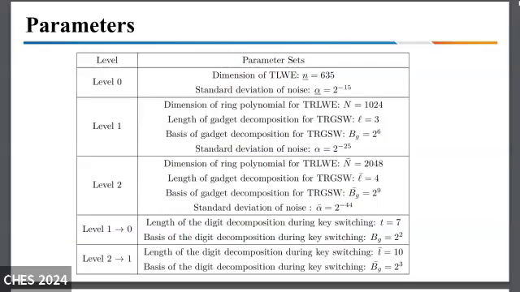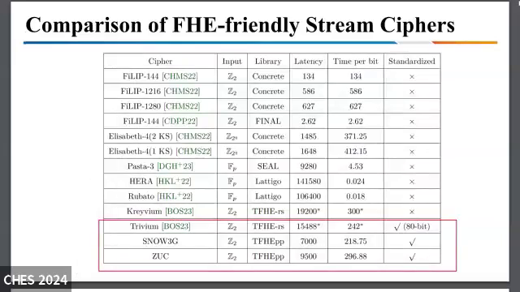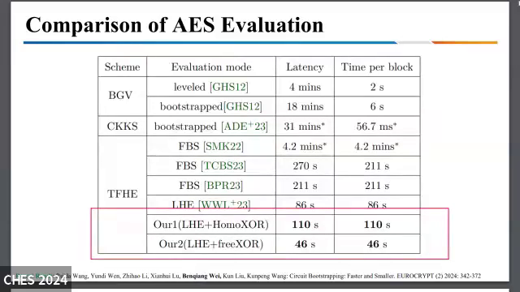So these are the parameters, and these are some comparisons of FHE-friendly stream ciphers. And these are our comparisons of AES evaluations.